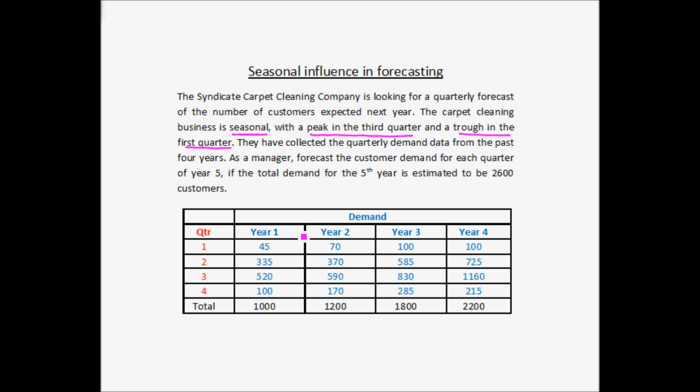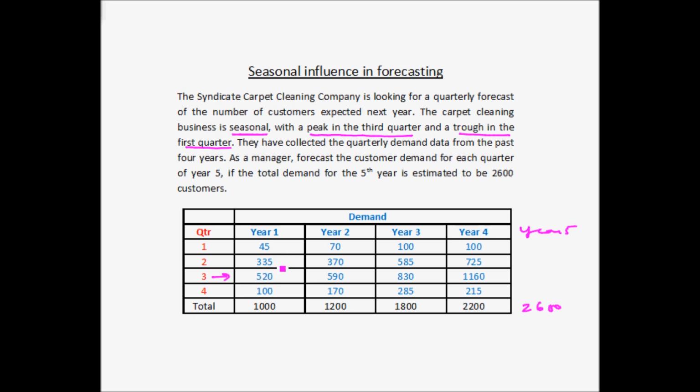So we have been given the yearly demand for the last 4 years broken down by quarters, and we have also been given that for year number 5 the total number of customers is 2600. We have also been given that the demand is seasonal in nature, and the third quarter is when the demand peaks.